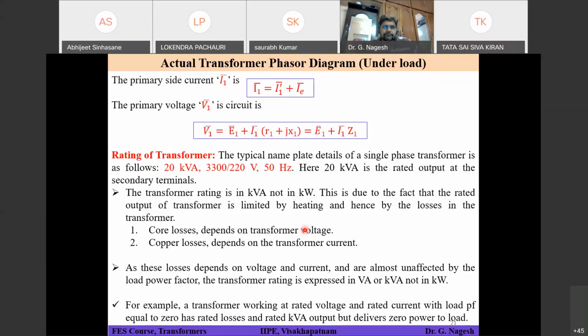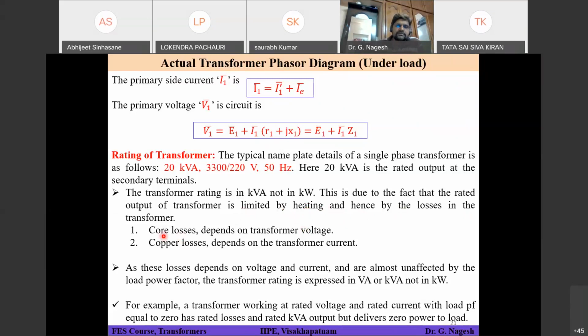So the losses in the transformer will create heat, and that heat should be withstood by the insulating material which you are using on the coil of the transformer. So that's why the transformer rating depends upon the heat, and this heat comes from the losses.